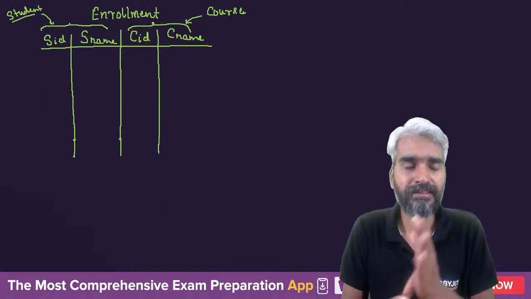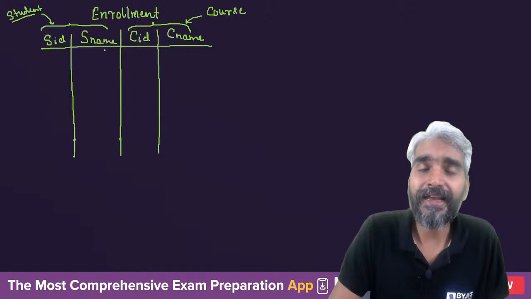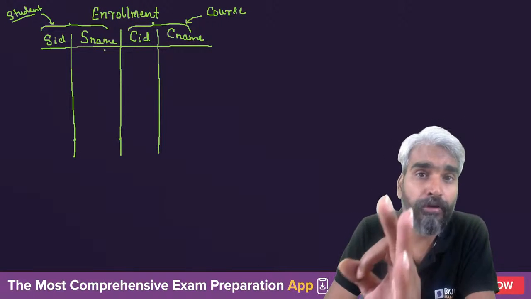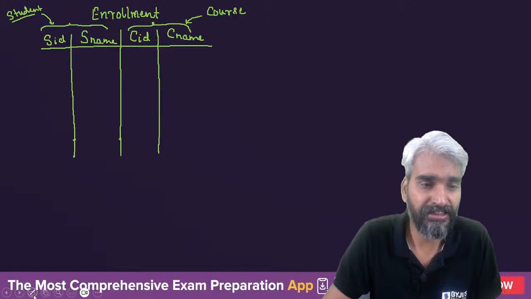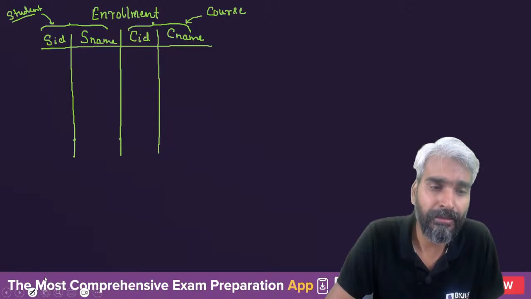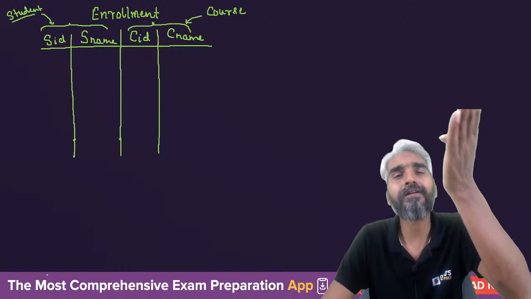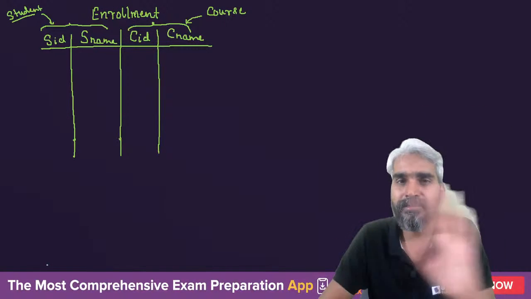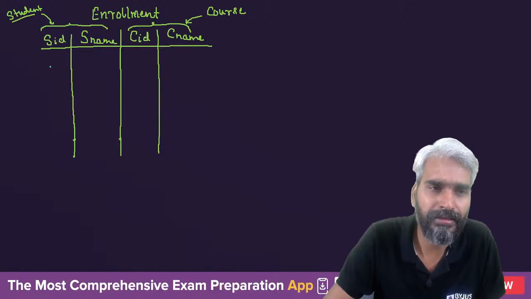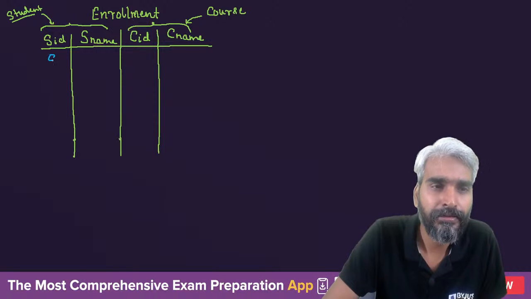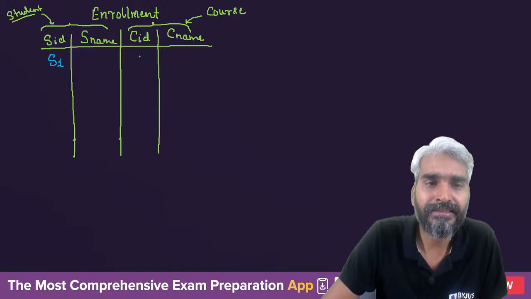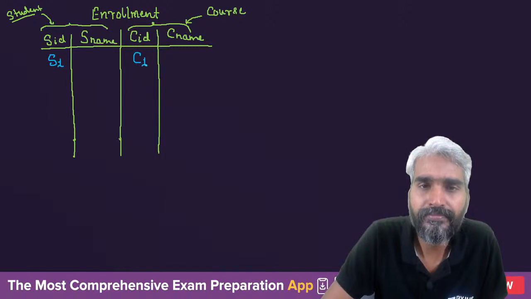Let's try to understand this. Now, what's the idea? One student can enroll for multiple courses. Obviously, one student can take multiple courses. Courses are, let's assume, the subject. So you can take operating system, DBMS, discrete mathematics. So let's assume S1 has enrolled for course C1, right?